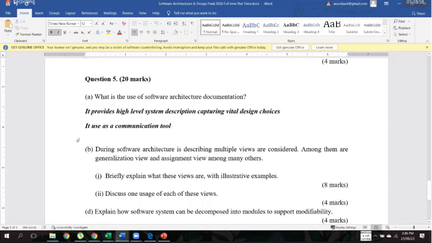It can be used as a communication tool, a communication medium, in other words, to convey the system structure to others.